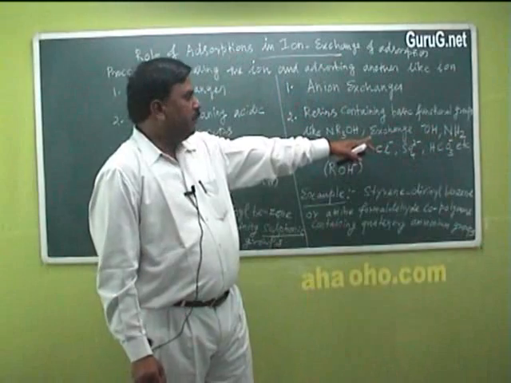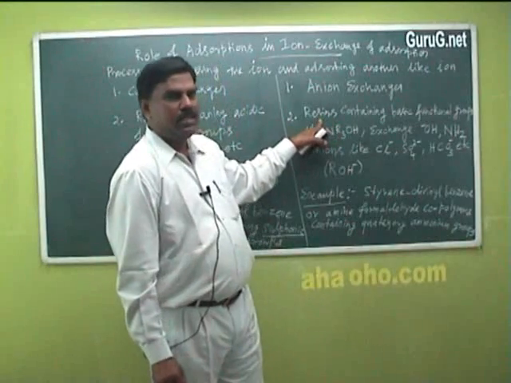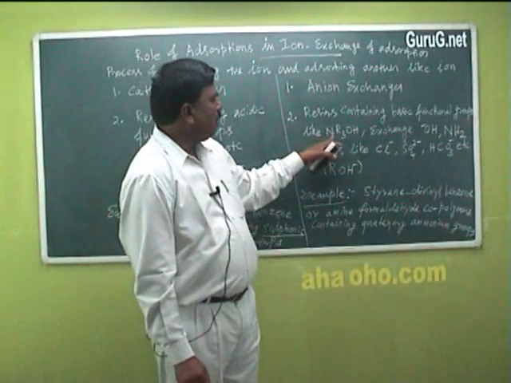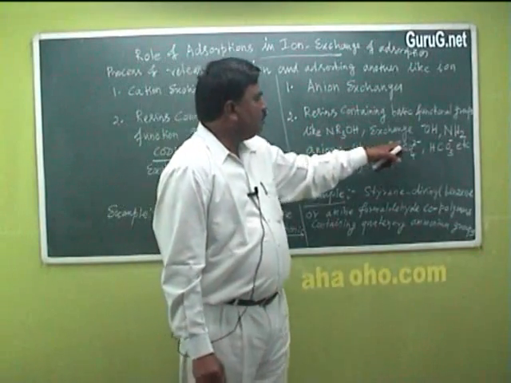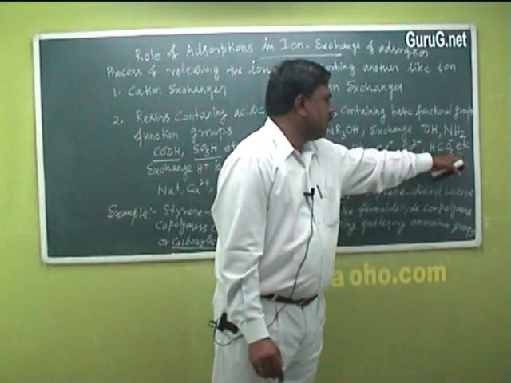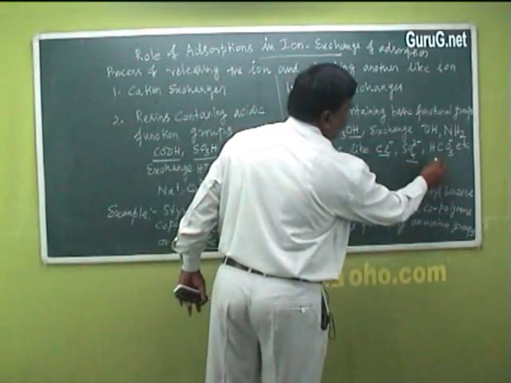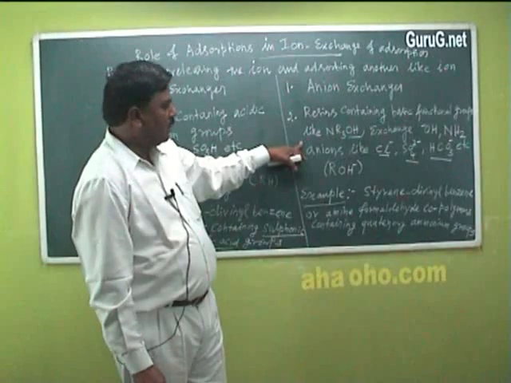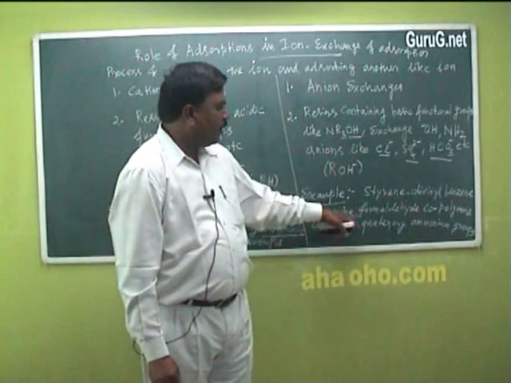These polymeric resins act as anion exchangers. They exchange OH minus ions with Cl minus ions, SO4 2 minus ions, HCO3 minus ions, etc. So this OH will be replaced with Cl minus, SO4 2 minus and bicarbonate ions. This is the anion exchanger. An example is styrene divinyl benzene or amine formaldehyde copolymers.